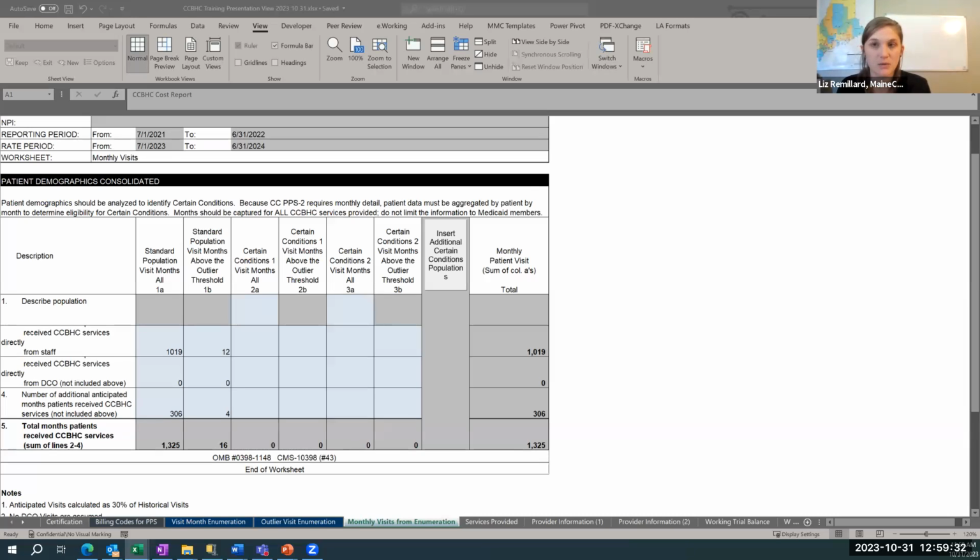So for mobile crisis, we are expecting a non-financial DCO, which means a partnership between any provider that does not offer mobile crisis services.